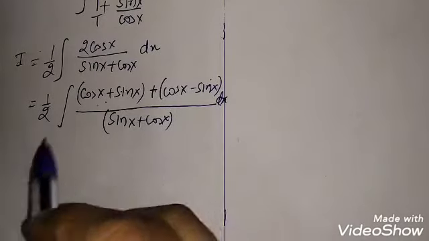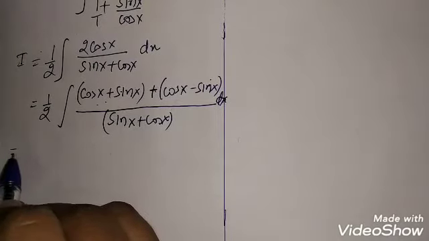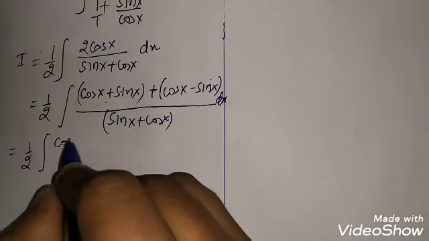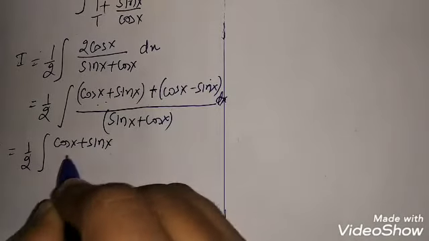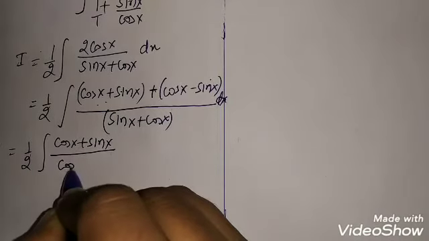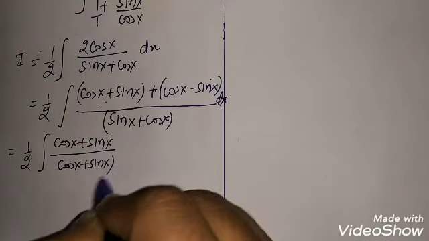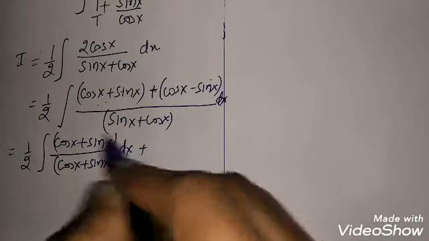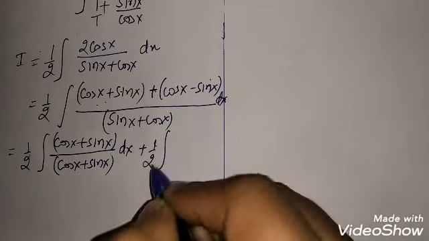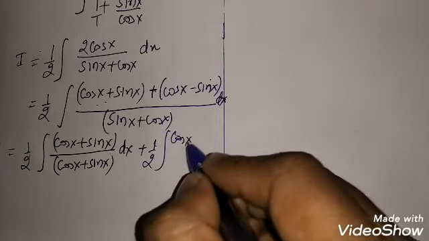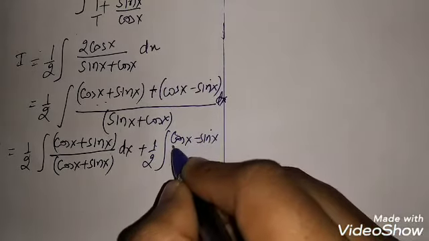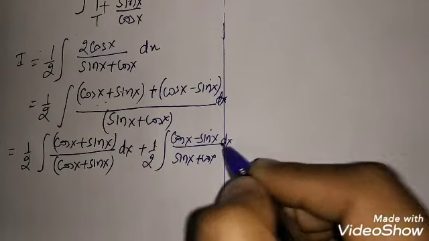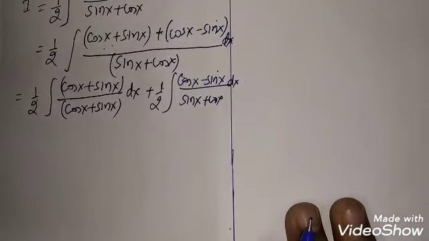Separating both parts, we have 1 upon 2 integration of (cos x plus sin x upon cos x plus sin x) dx, plus 1 by 2 outside the integration of cos x minus sin x upon sin x plus cos x dx. Simple as that.